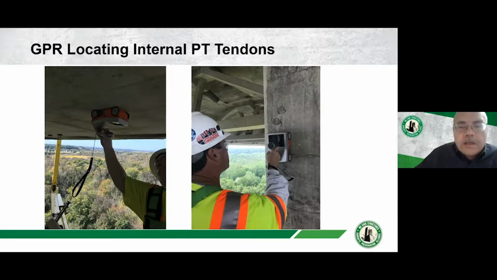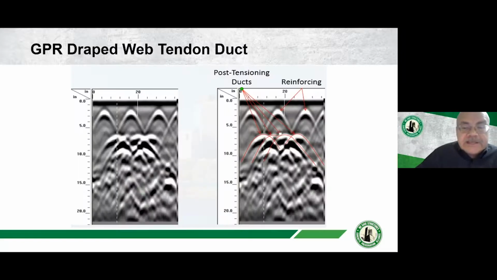We need to locate where the PT tendons are, such that when we go to test the internal tendons, we're directly over the tendon duct. And eventually we do need to open the tendon duct very carefully to verify the anomalies on the particular bridge. Each bridge, each tendon duct, each good or bad grout sample has its own little signature.